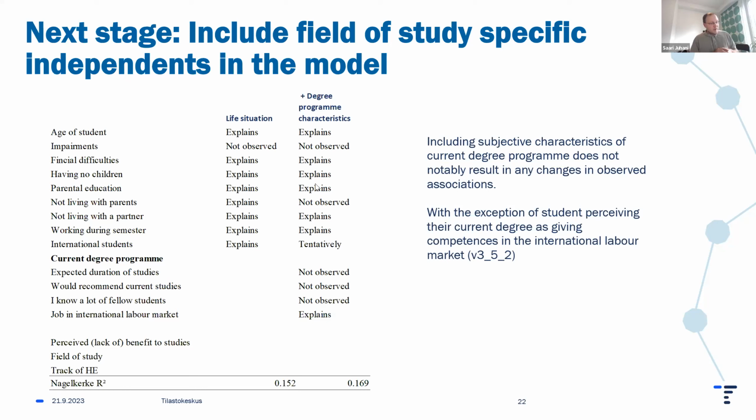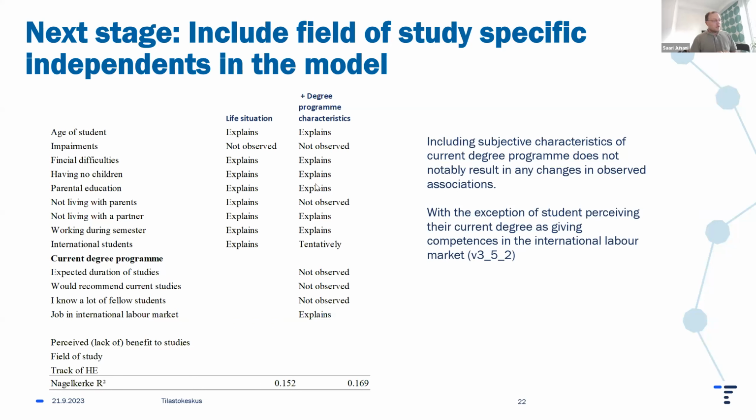And then we have the satisfaction with one's current degree program. We also did not observe any statistically significant associations, neither with knowing a lot of fellow students. This is testing out the social networking hypothesis. But then the fourth factor, the perceived utility of a current degree program in the international labor market, is a fairly strong predictor.